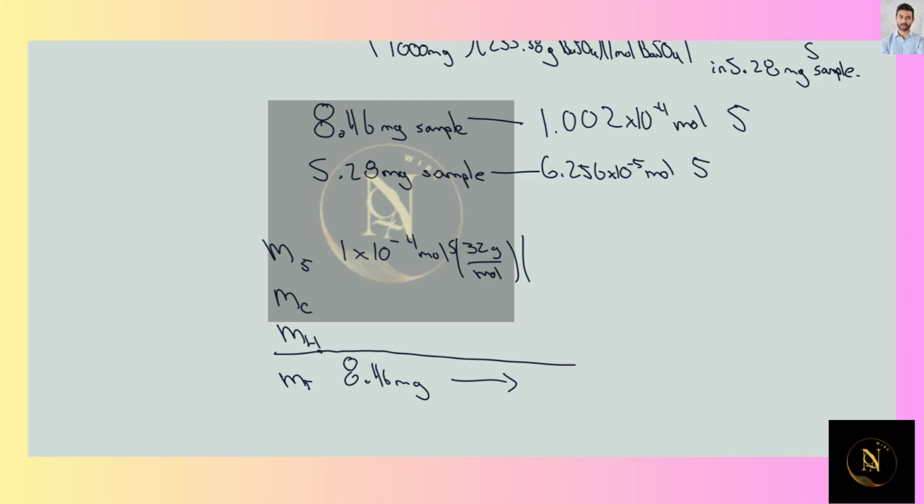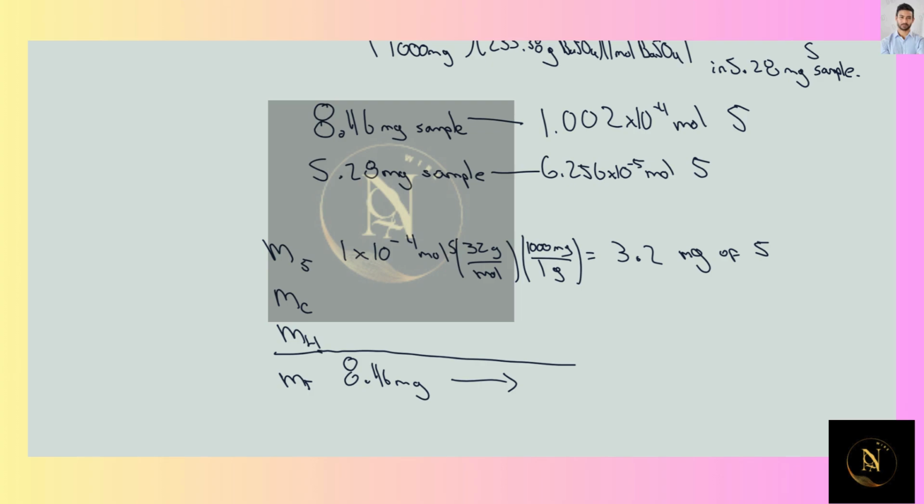What we're going to get here is that 1000 milligrams correspond to 1 gram. So the mass of sulfur is going to be 3.2 milligrams.